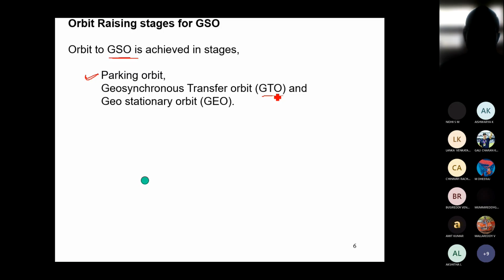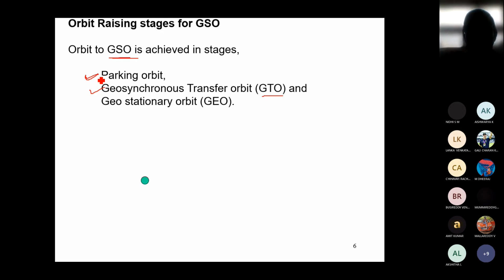I want to tell you that this orbit, the geosynchronous transfer orbit, is not the orbit where your satellite finally rotates. It is the second phase, the second orbit. When we launch, the satellite will rotate in a parking orbit. From the parking orbit, it will get additional thrust, and it will go to the next orbit, called the GTO.